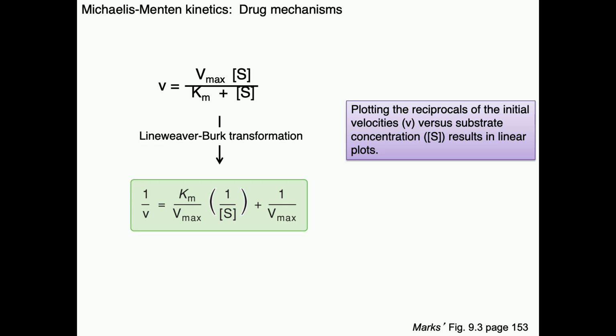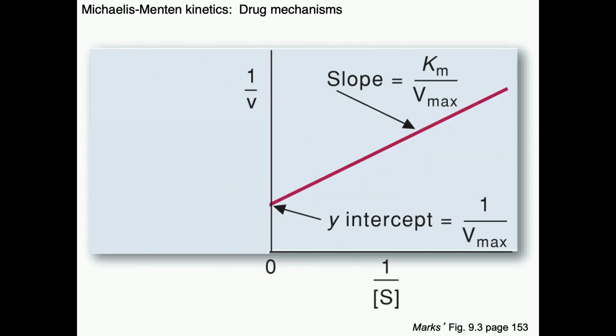So we can mathematically transform the Michaelis-Menten equation by plotting the double reciprocals. This is called the Lineweaver-Burk transformation, and essentially it's 1 over everything, so the reciprocal. And if we do that mathematical transformation of the data that shows the relationship between enzyme velocity and substrate concentration, instead of a hyperbola, we get a straight line.